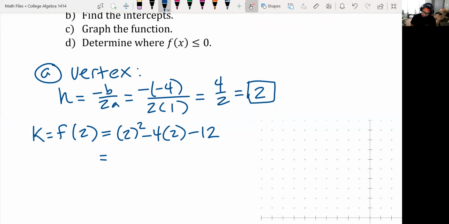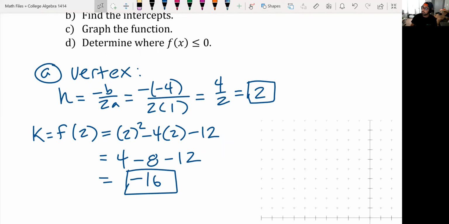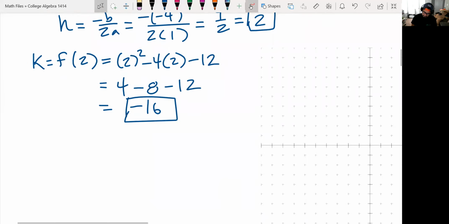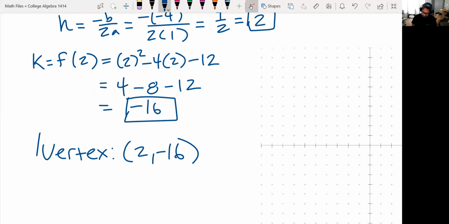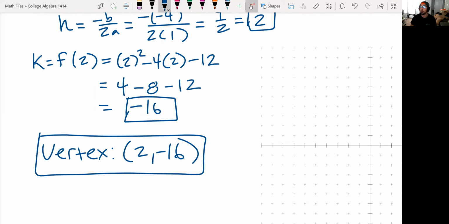Simplify. 4 minus 8 minus 12, and that's negative 4 minus 12, so we get negative 16. This means our vertex is at 2, negative 16. Okay, vertex is done.